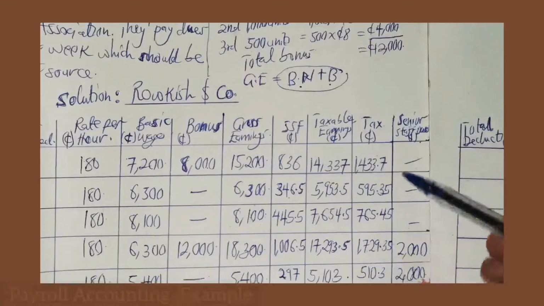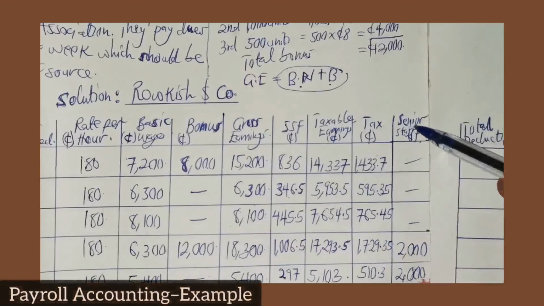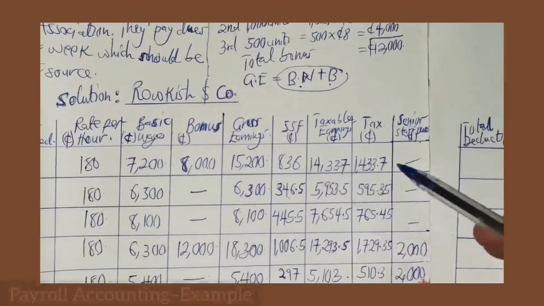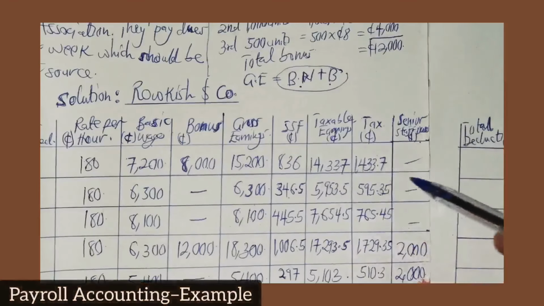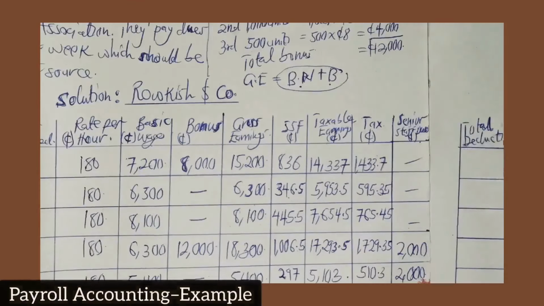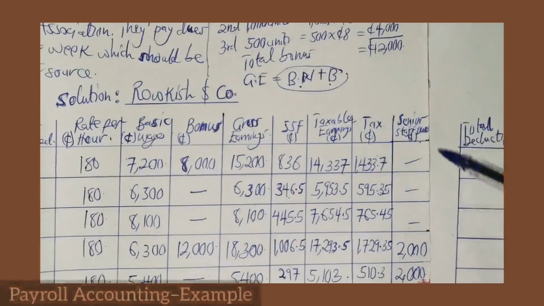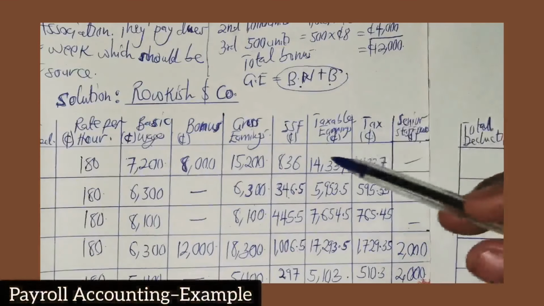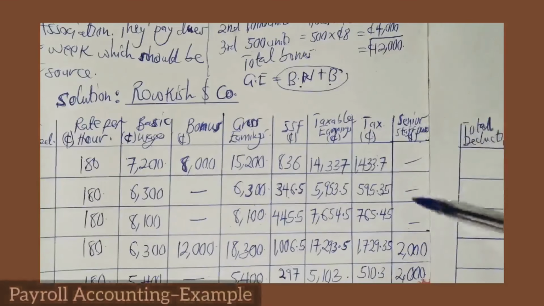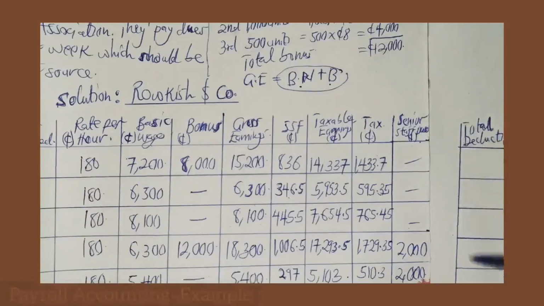So I'm going to add the columns for the various employees, which is senior staff, the tax, and the SSF, and I'm going to get the total deductions. That's how you get the total deduction. Just add the tax, the SSF, and the senior staff column. Then you get the total deductions for the period.